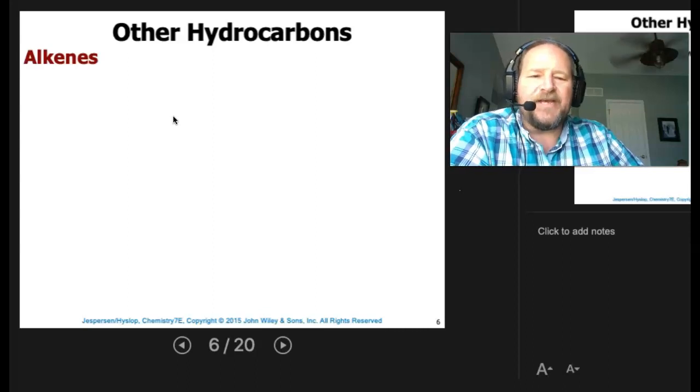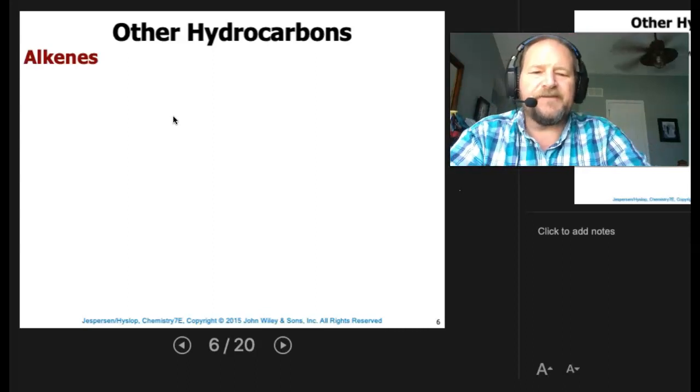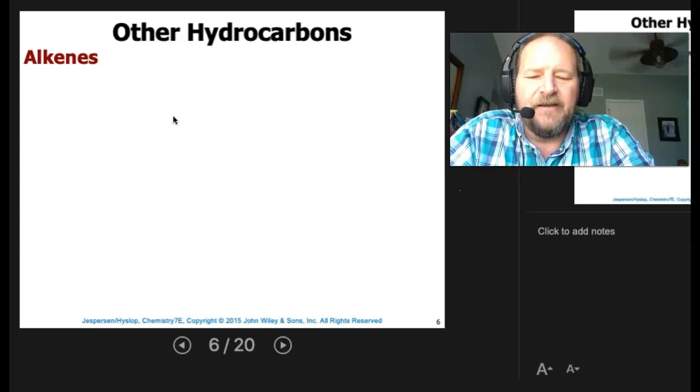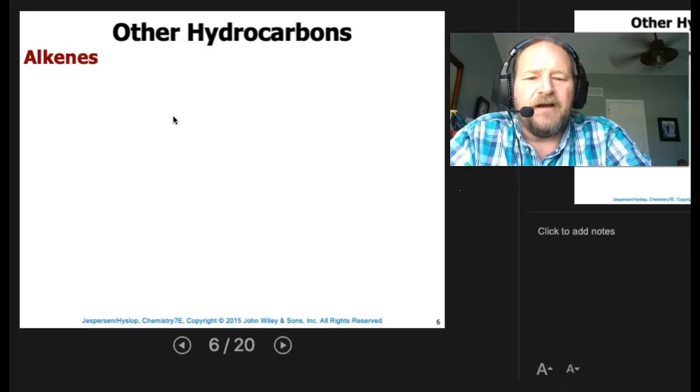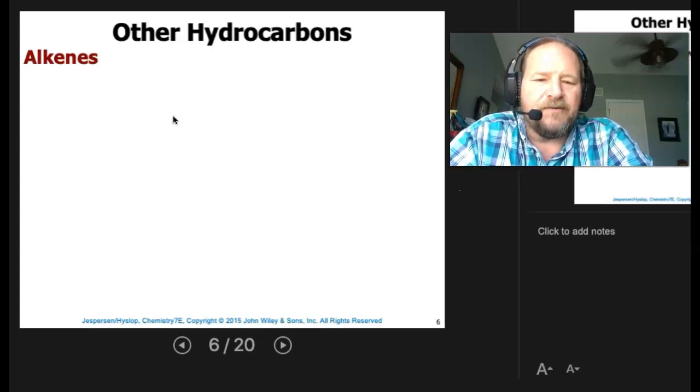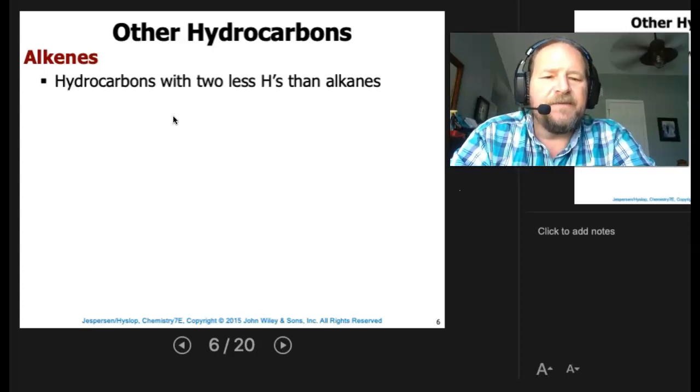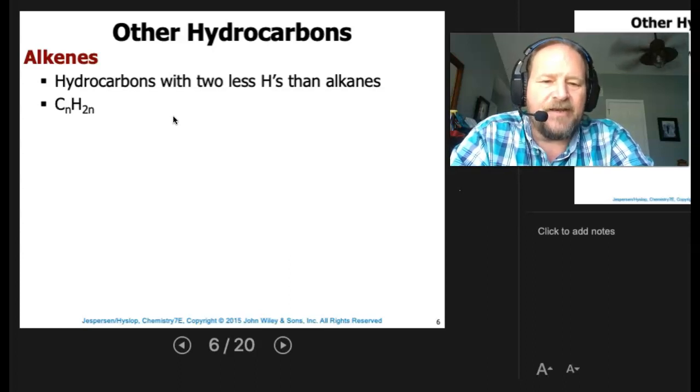Now I mentioned alkenes. Notice it's a 1-letter difference. So alkane, A-N-E, was methane, ethane, propane, and you'll notice they were all single carbon-carbon bonds. So single carbon-carbon bonds gave us A and E. E and E simply means we're going to have 2 fewer hydrogens than our alkanes to make an alkene.